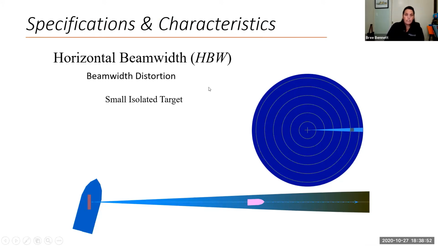More beam width stuff. So the smaller isolated targets, if our beam width is going to reflect back, if this is aspect of the stern, it was just going to reflect back and we'll get a little blip on the radar.